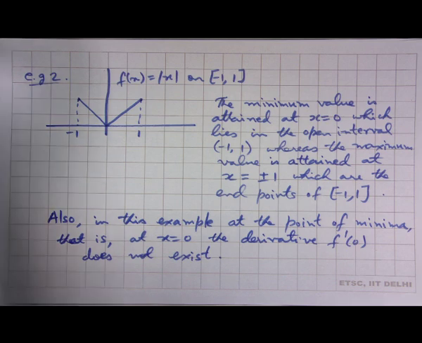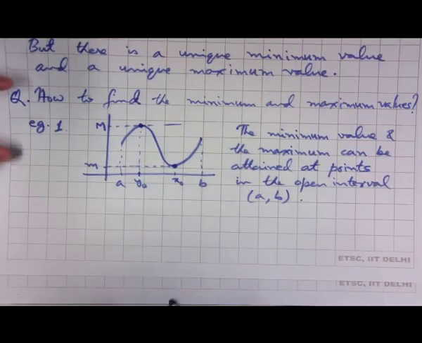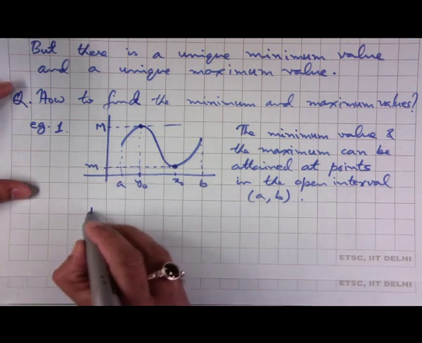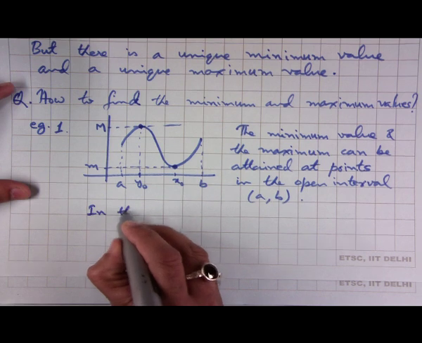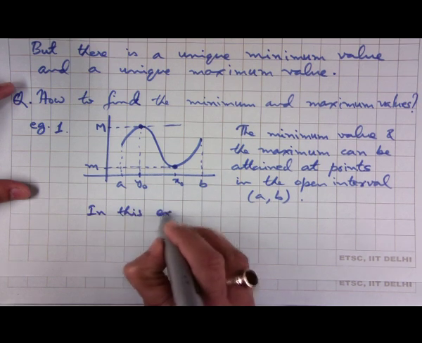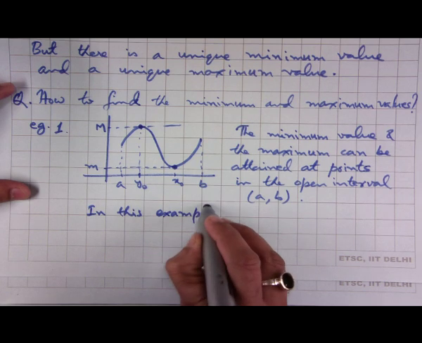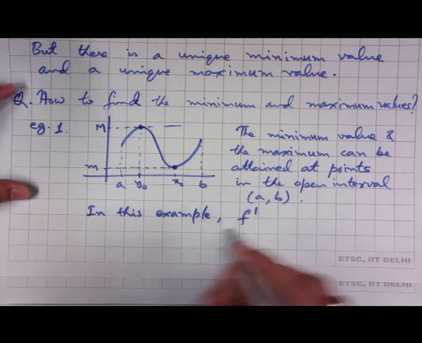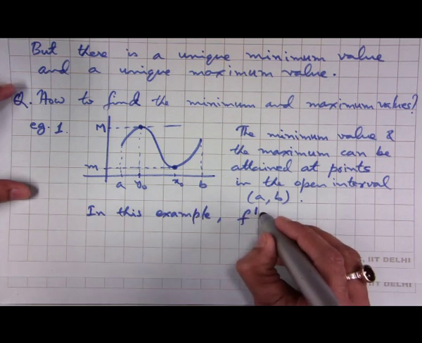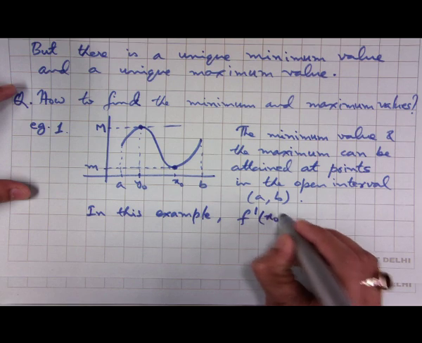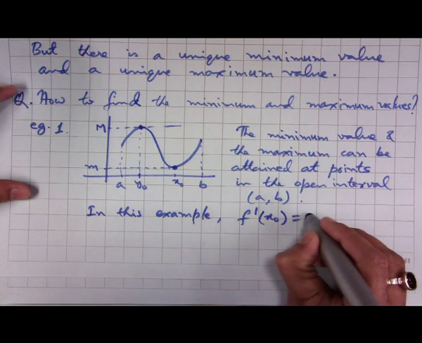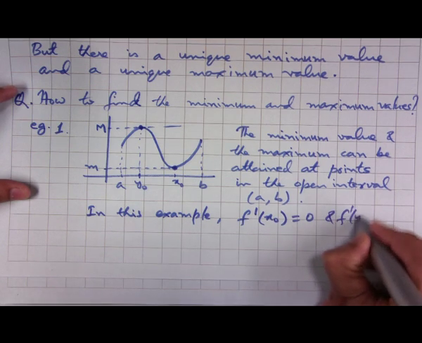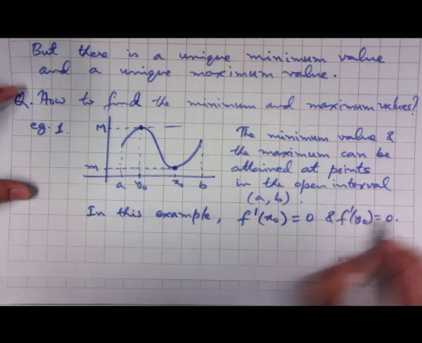Whereas, if you look at the previous example, the point at which the minimum and maximum are attained, we see that f prime x naught is 0 and f prime y naught is also 0.